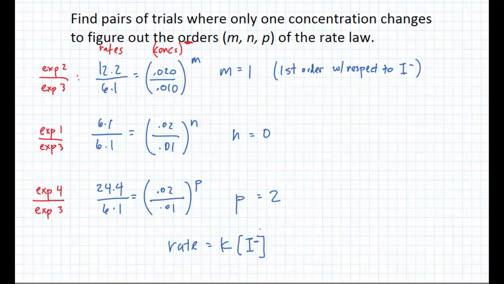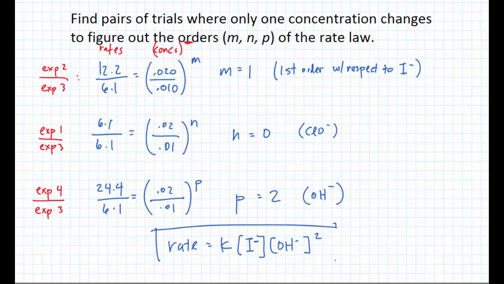That's what power? Yeah, it's 0 power, so we're not going to include it here. Something to the 0 power is just 1. But then the OH minus, 2. That's I minus. That's ClO minus. That's OH minus. That is the rate law.